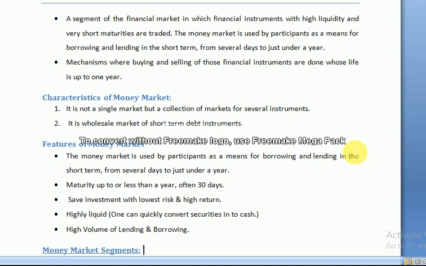Look at the capital market or the stock exchange markets: when transactions take place, they require the help of brokers. But here in the money markets, transactions are recorded without the help of a broker. Clear?